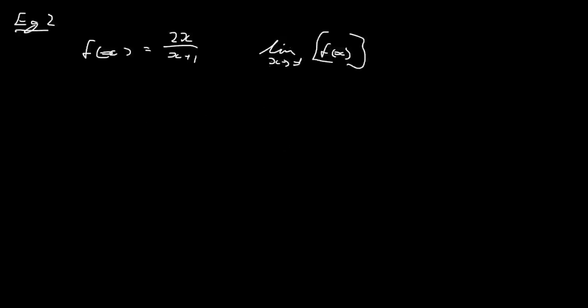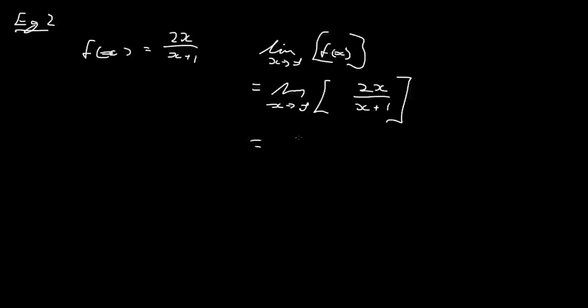The first step is substitute in. So this limit is equal to the limit as x tends to infinity of 2x over x plus 1, right? Okay, because now I've just put my function in here for f of x.